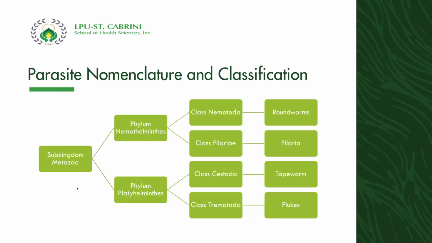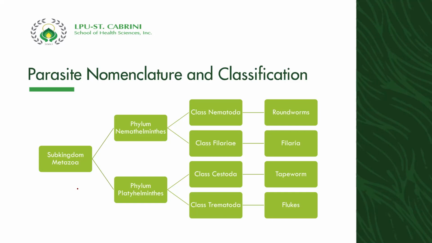Now, for subkingdom Metazoa, we have the helminths: the phylum Nemathelminthes and phylum Platyhelminthes. Basically, Nemathelminthes are rounded except for Filaria. So we have here the class Nematoda, which are the roundworms, Ascaris, Enterobius, and so on and so forth.